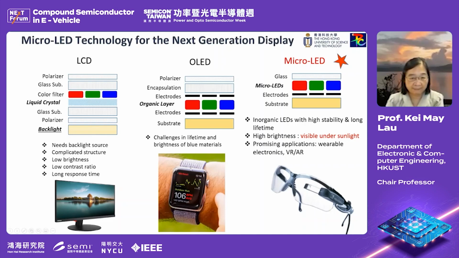But then there are still challenges in the lifetime, and also the brightness of the blue organic materials, and people are still working on this. For the micro LED, which is based on gallium nitride LED, also the red color can be made with the very mature AlGaInP.